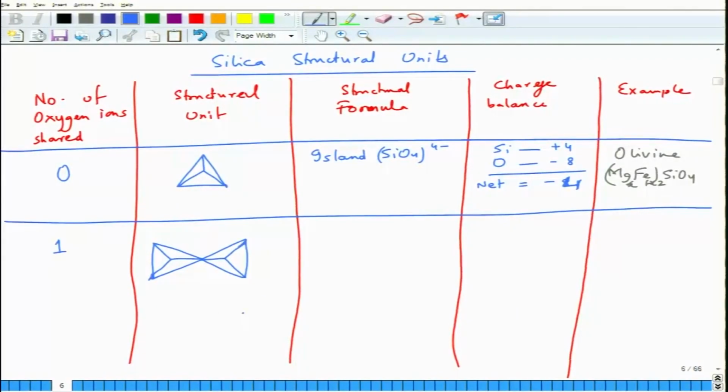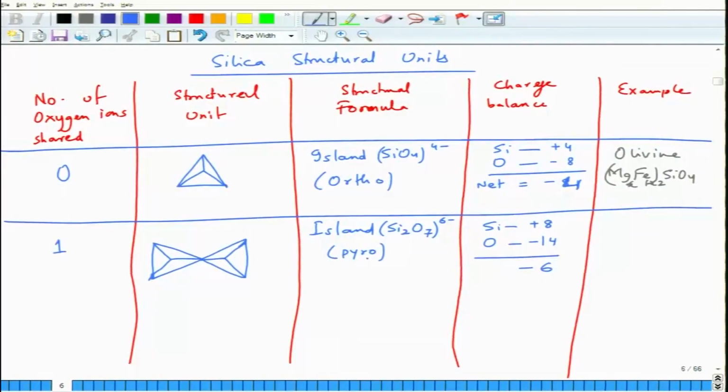The first structure was the ortho structure, and the second case is again an island kind of structure, because it does not make a structure which is continuous in 3D, because you do not have complete sharing. So, here it makes Si2O7 6 minus. Basically silicon will be +8, oxygen will give you -14, and net will be -6, Si2O7 molecule.